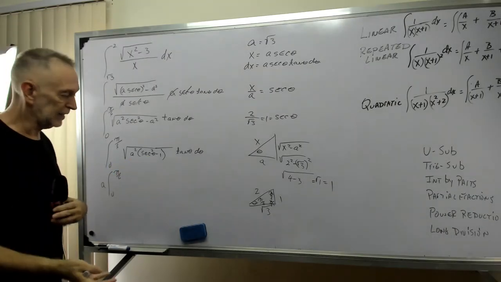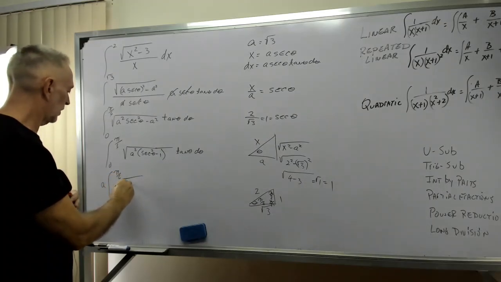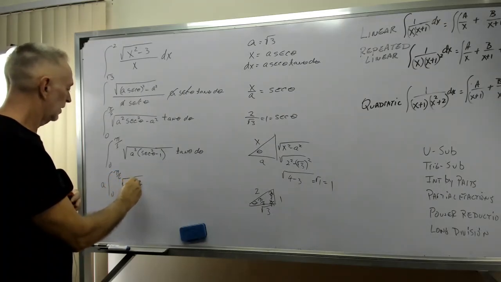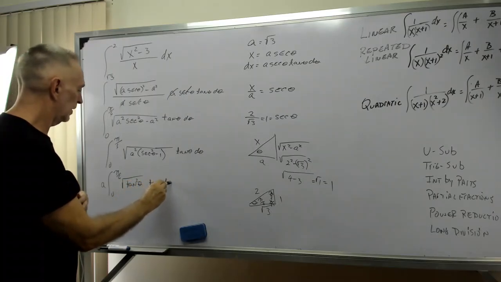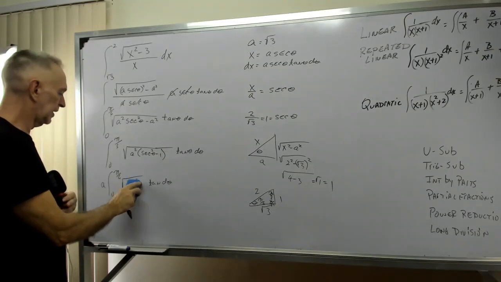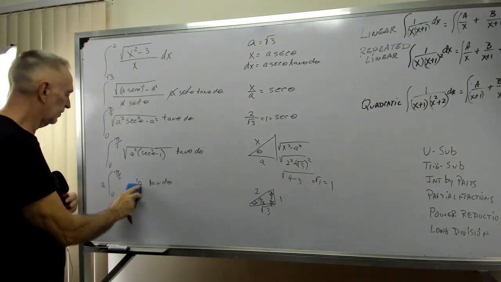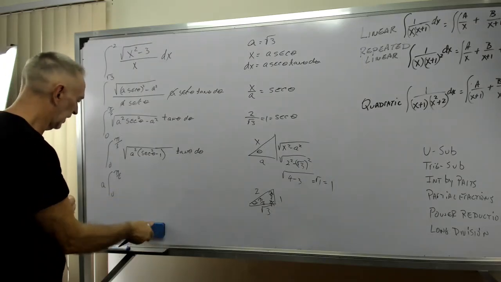It's tangent squared. So now I have the square root of tangent squared times tangent d theta. What's the square root of tangent squared? It's tangent. So I have tangent times tangent, which gives me tangent squared.